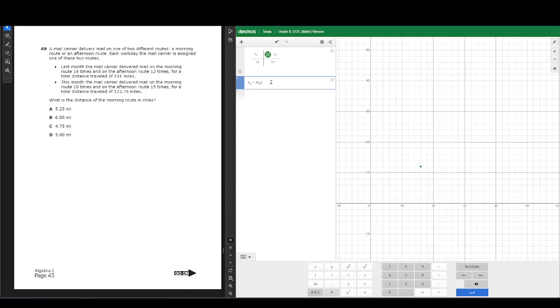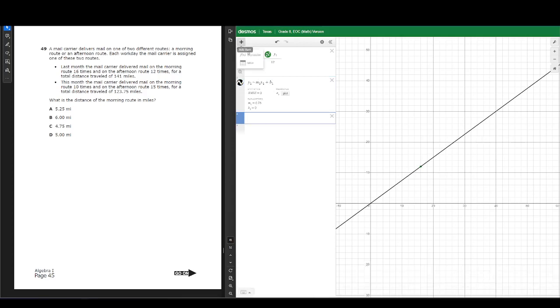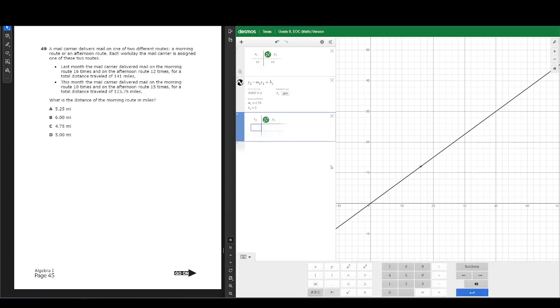We'll do m1, x1 plus b1 because we're going to make 2 different lines. I'm not even sure this is going to help because we need to take into account the miles, the total miles. Anyways, I'm just going to try this, and if it's wrong, we'll try something else. Sometimes you got to experiment. M2 x2 plus b2.